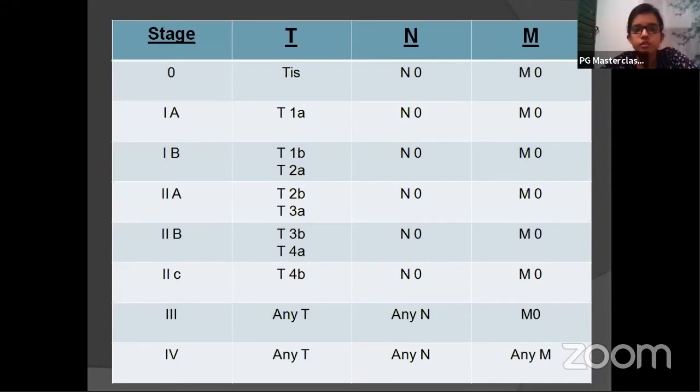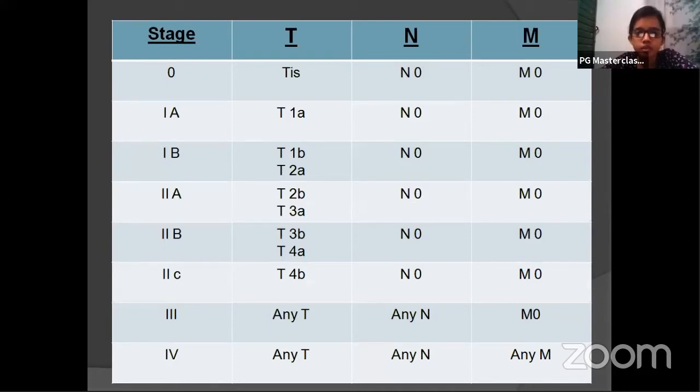Stage 0 is when there is in situ tumor in T staging and no nodal disease. Stage 1A is a lesion of T1A without any nodal or distant metastasis. Stage 1B is tumor stage T1B and T2A with no nodal or distant metastasis. Stage 2A is T2B and T3A with no distant or nodal metastasis.